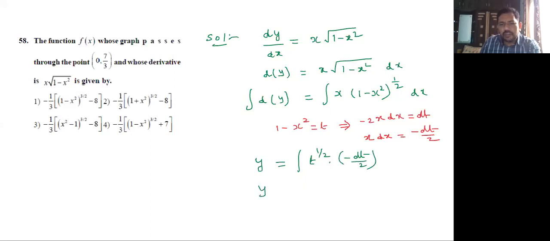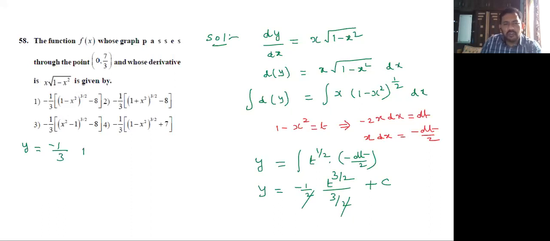So y is equal to minus 1 by 2 integration t power 1 by 2, which is t power 3 by 2 divided by 3 by 2. The 2 cancels, plus c. This is important. Now here I am writing y is equal to minus 1 by 3 into, what is t, 1 minus x square whole power 3 by 2 plus c.